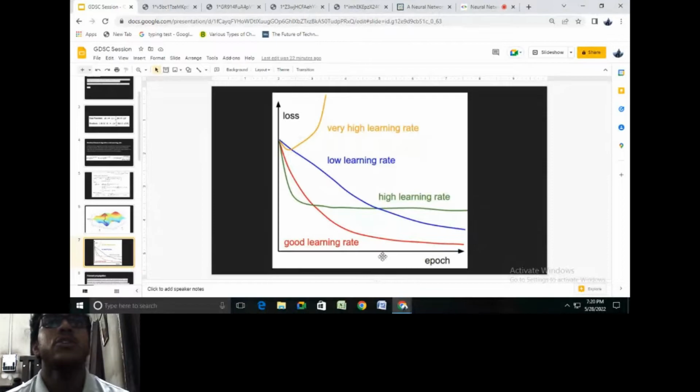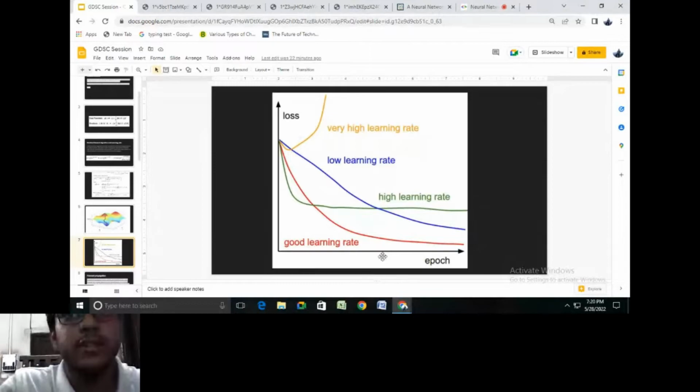A good learning rate can rapidly make the loss function come down with a reasonable number of epochs. A high learning rate may saturate the loss function at some point, after which even after hundreds of epochs, the loss function will be almost static, and it won't really go down much.